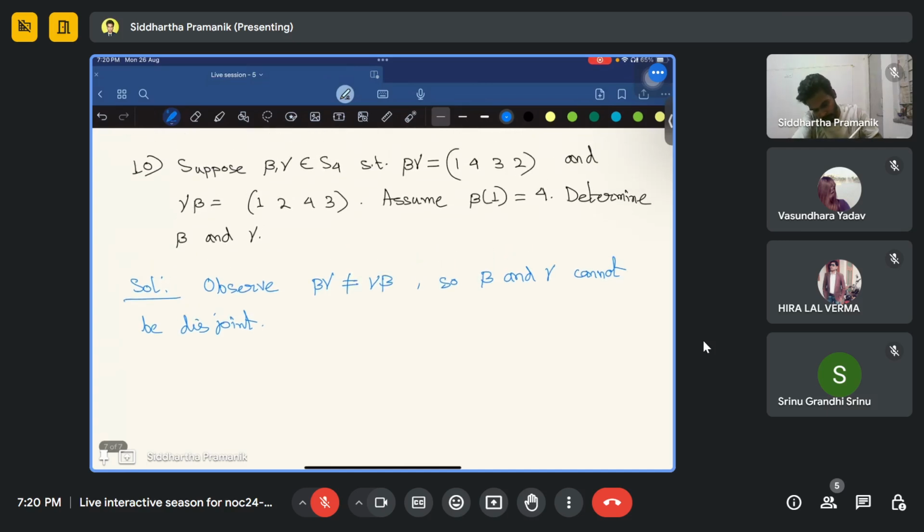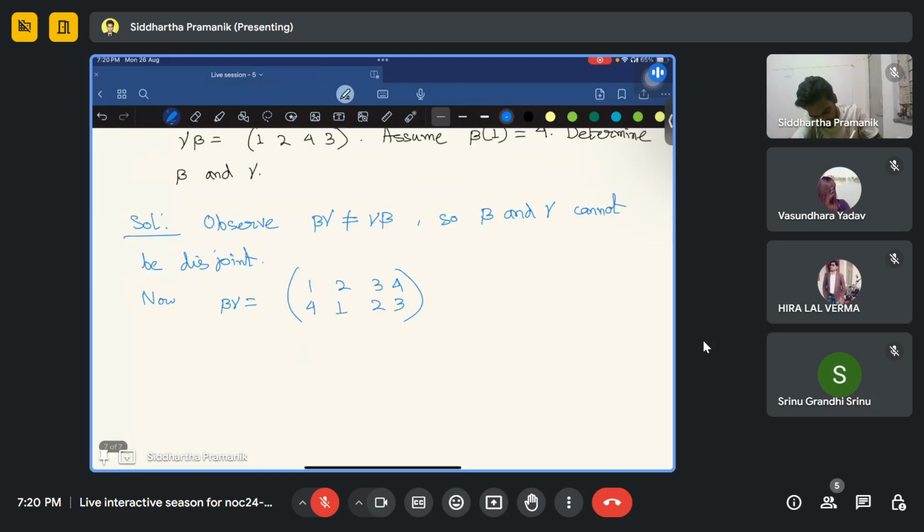So let's write beta gamma in the matrix form. Here 1, 2, 3, 4. Under beta gamma, 1 goes to 4, 2 goes to 1, 3 goes to 2, and 4 goes to 3. And also let's write gamma beta in the matrix form.